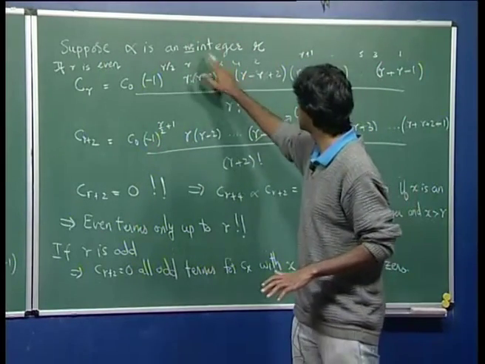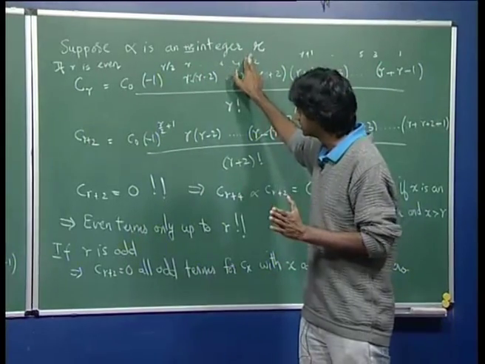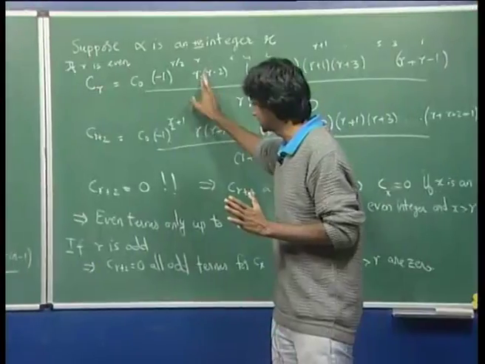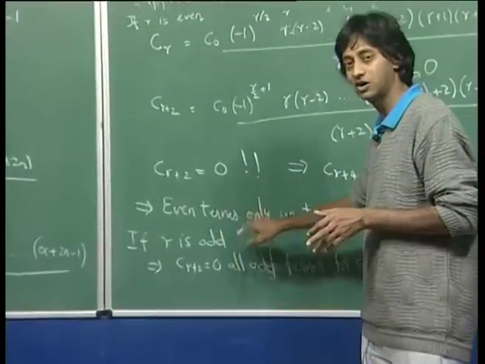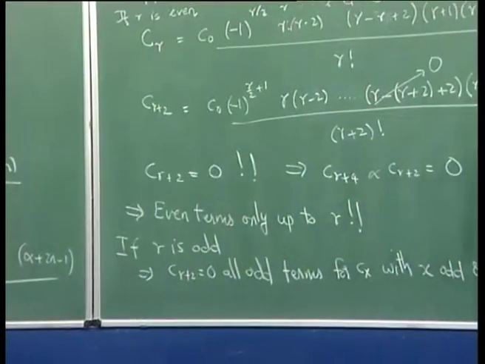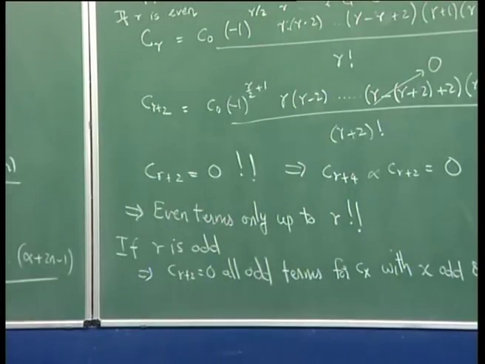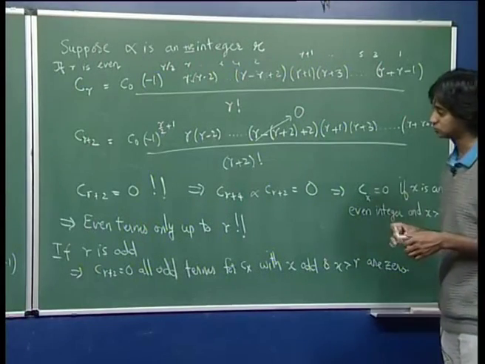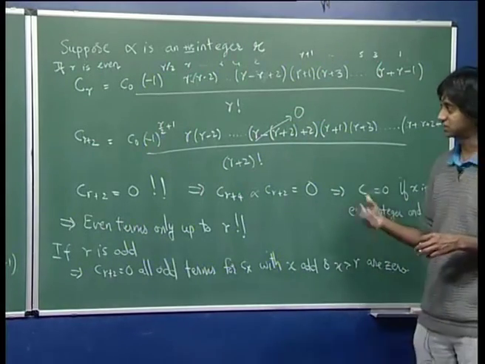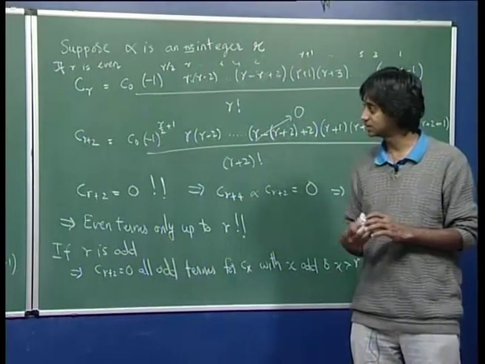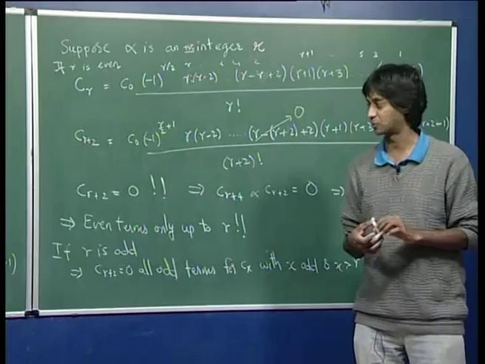If alpha is an even integer, then the even series truncates at r. If it is an odd integer, then the odd series truncates at r. And this is what is used to motivate solutions of this Legendre equation in real physical problems.